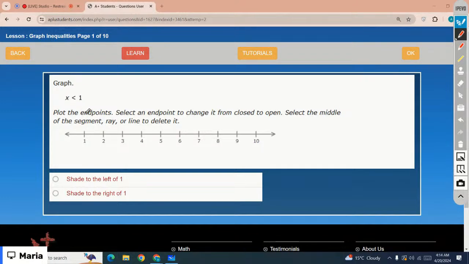x is less than 1, right? So x can be any number that is less than 1. That means 1 is not the solution, so there must be an open circle at 1 and a shade to the left of 1, right?